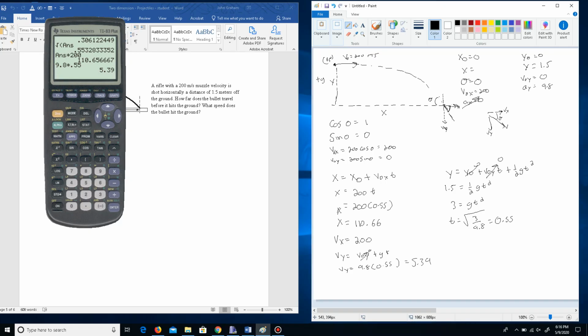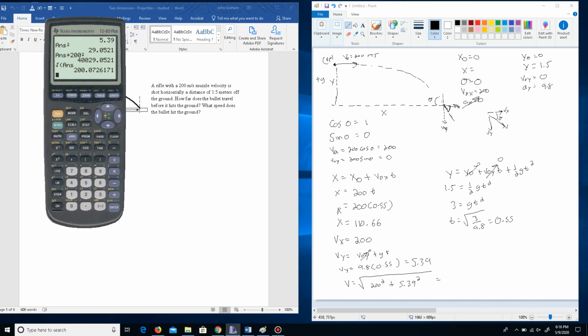Okay, and then we can find our V, which is going to be the square root of 200 squared from your Vx plus 5.39 squared from your Vy. And you get 200.01.